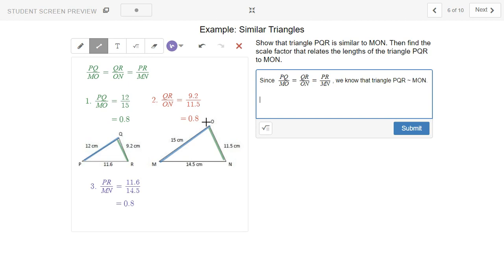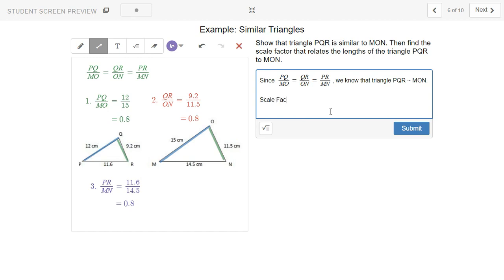Now, what we've done here is the ratio is actually the scale. So if this was our whole, this triangle is 0.8 times the size.